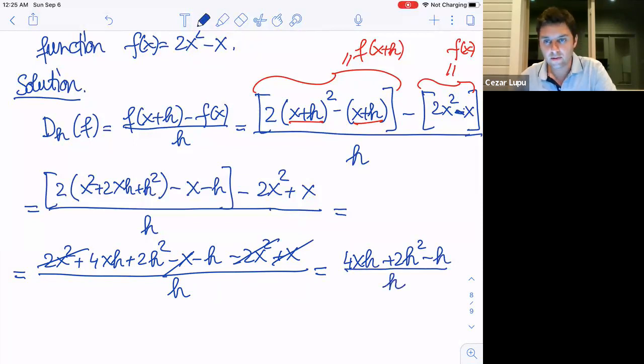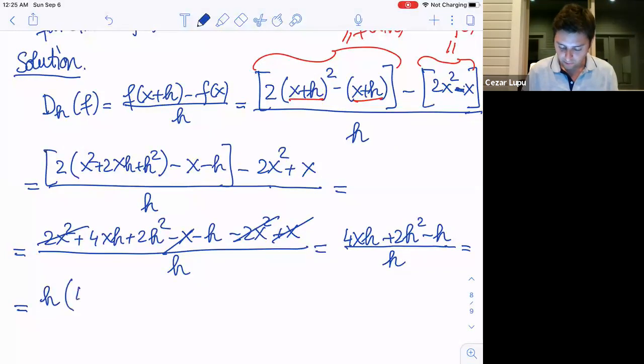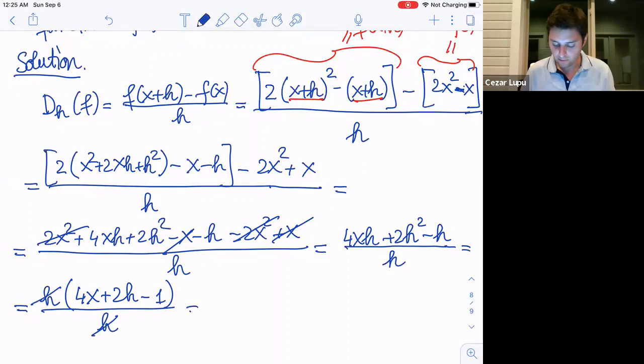If you look at the numerator, we can factor an h there. So this would be nothing else than just h times (4x plus 2h minus 1) over h. Now we can cancel these two, and this would be nothing else than just 4x plus 2h minus 1. Of course, when h is different than 0, let's keep that in mind.